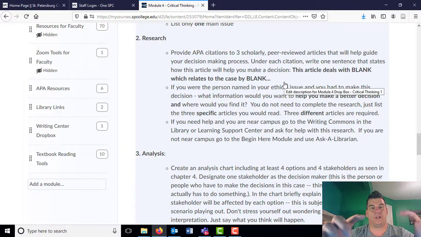So you'll have your citation with the hanging indent, double space, full APA format, and then under that you'll have the sentence that shows how it links to the case or would help you make a decision. Then you're going to put another citation and then that sentence, and then another citation and then that sentence. You're going to do that 3 times. No more, no less. Just give me 3 articles, okay? And that's the second part.